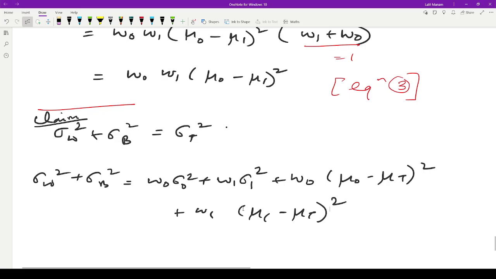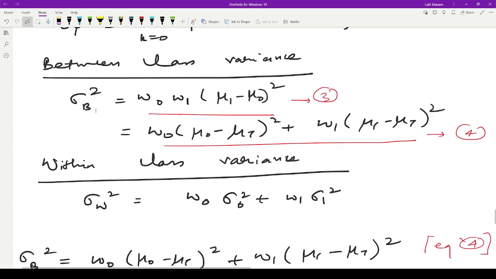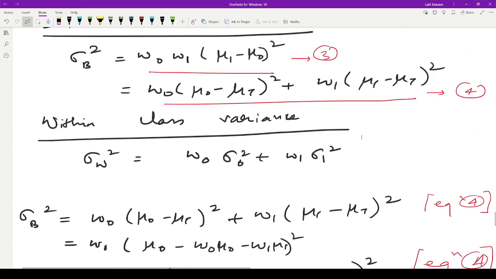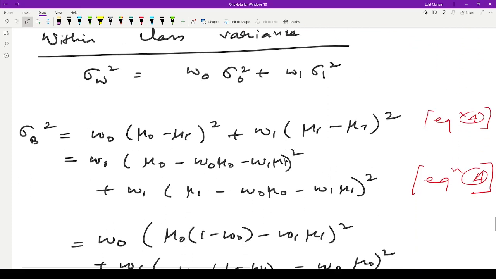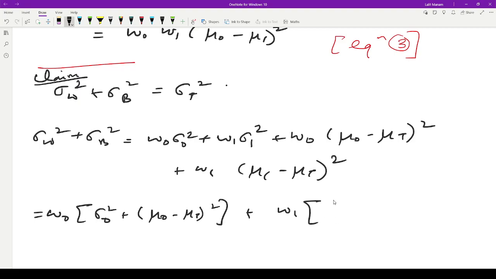I just replaced the expressions that we came across, sigma b with equation 4 and sigma w with the within class variance expression. Okay. So what can we do here? W naught times sigma naught square plus mu naught minus mu t whole square. I'm just collecting the terms.